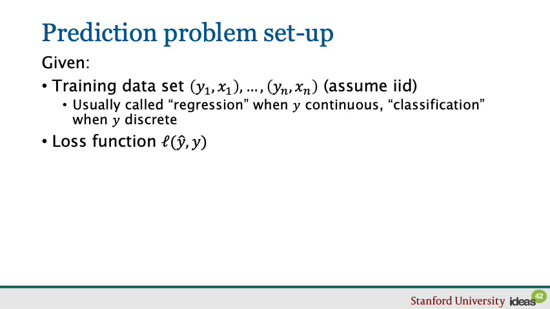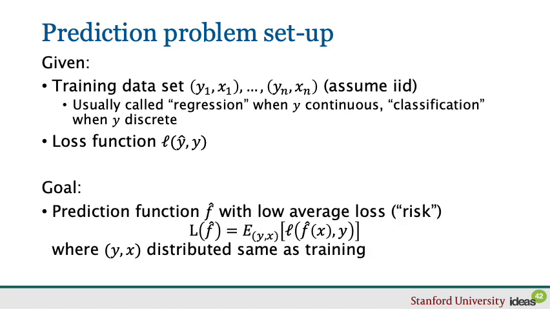Our goal is to find a prediction function so that we predict y well from x with respect to that loss function. Specifically, we wanted to produce an outcome with a low expected loss, where the expectation here is over a new sample point drawn from the same distribution as our training sample.